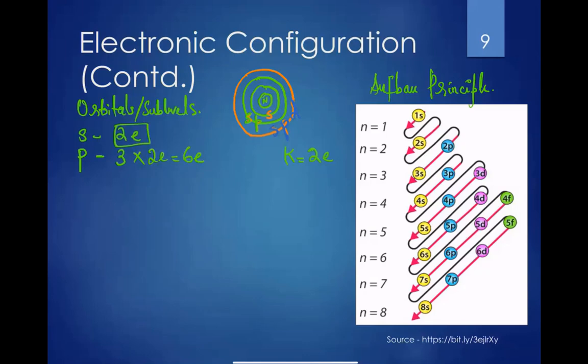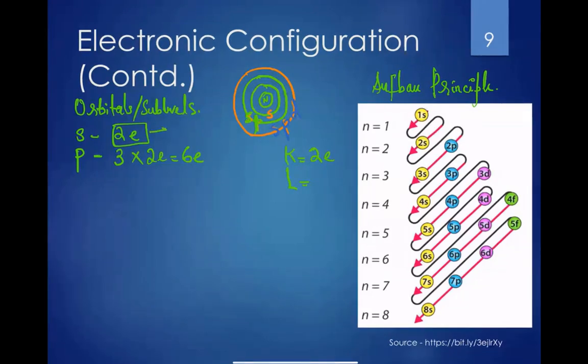So if I look at the second level with 1s and 1p, can you tell me the total number of electrons? If you look at the S, you have 2 electrons. For the P, you have 6 electrons.